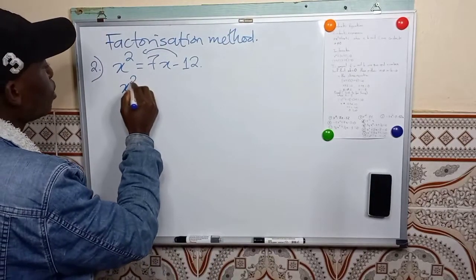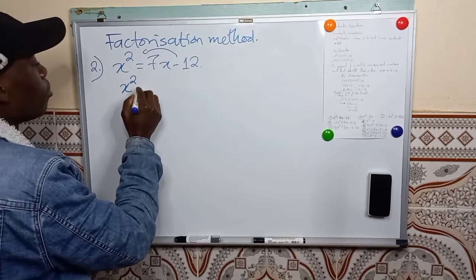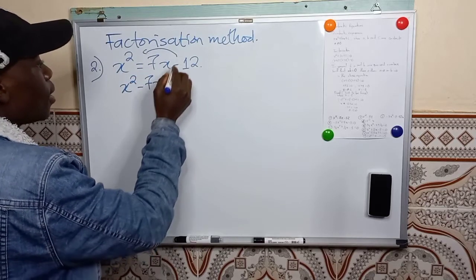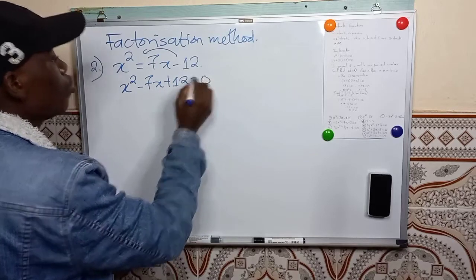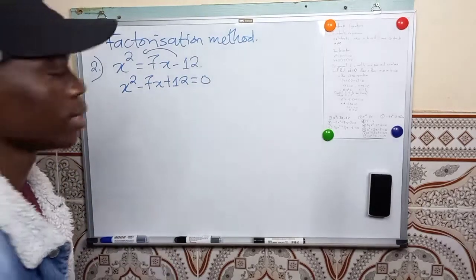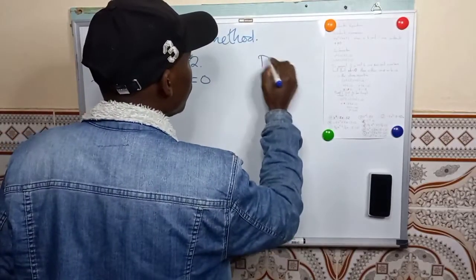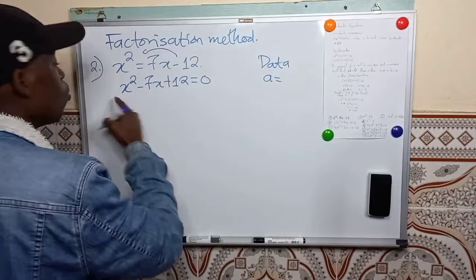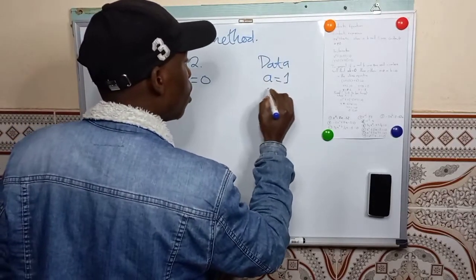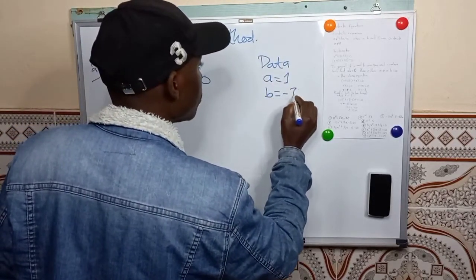So x squared, when this crosses the equal sign, 7x becomes minus 7x. The minus 12 becomes positive 12, which is equal to 0. Like I said, you collect your data here. Our a is equal to 1. Our b is equal to -7.